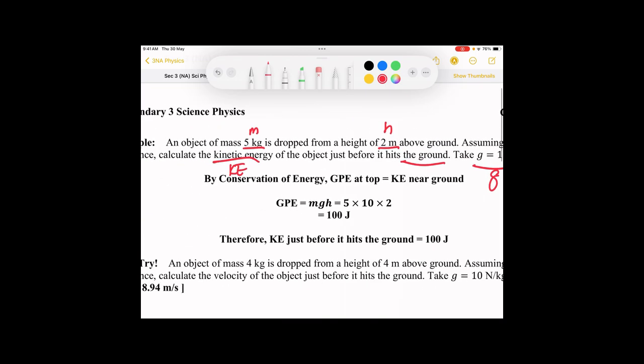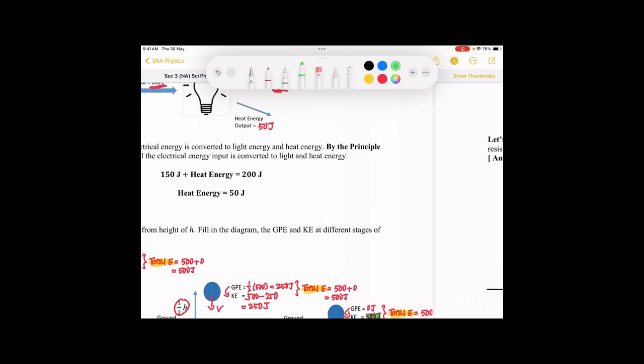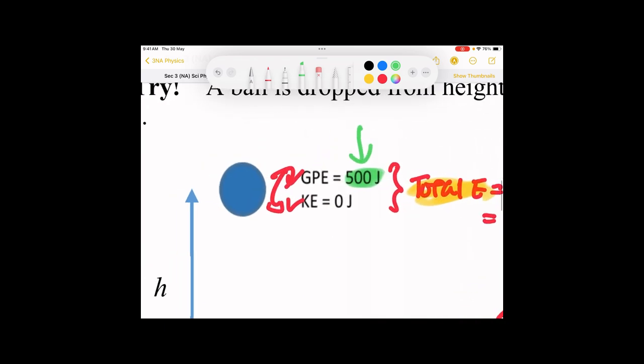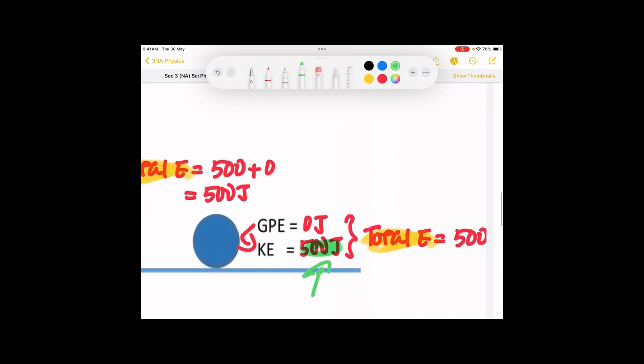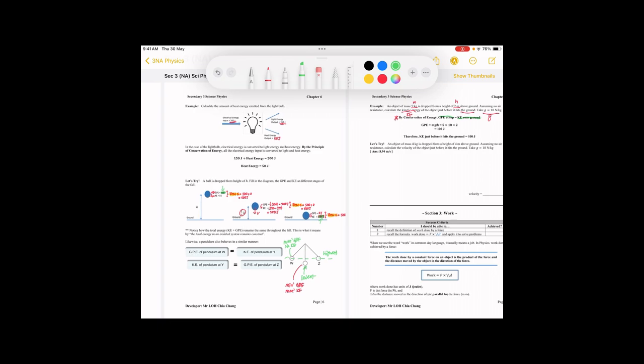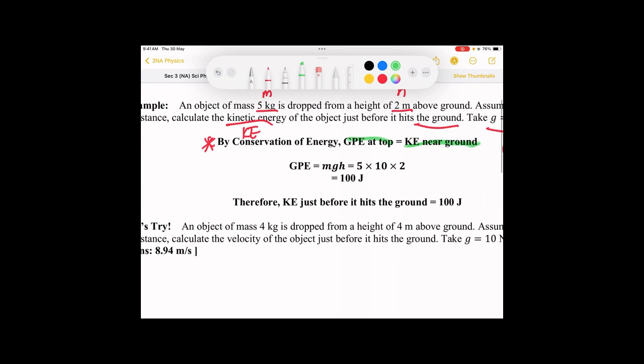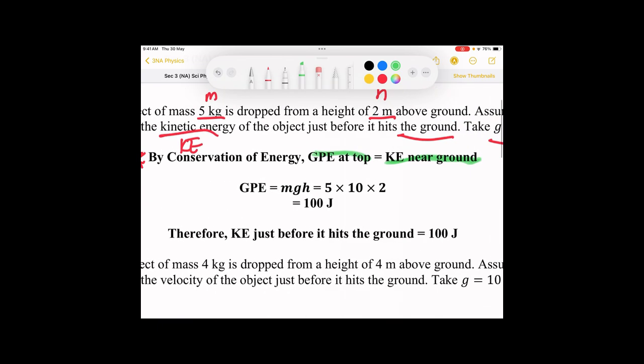We first calculate the GPE at the top. By conservation of energy, GPE at the top is the KE near the ground, which we saw just now. You can see that GPE at the top is 500, at the ground KE is 500, because all the energy has been transferred from the gravitational potential store to the kinetic store.